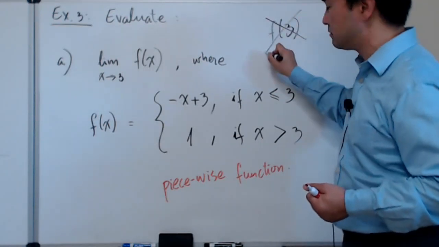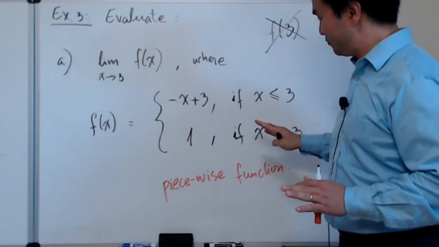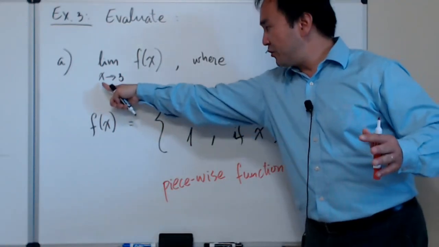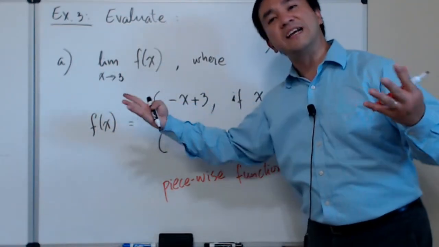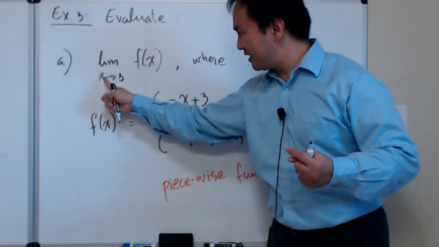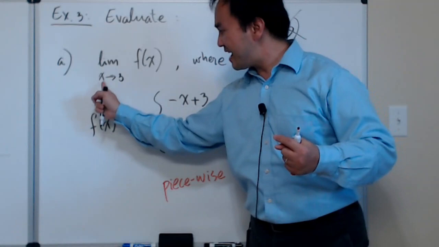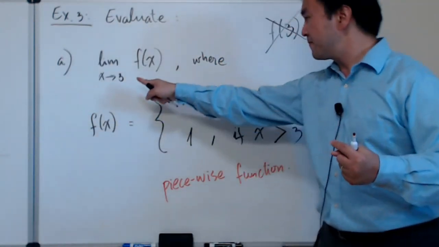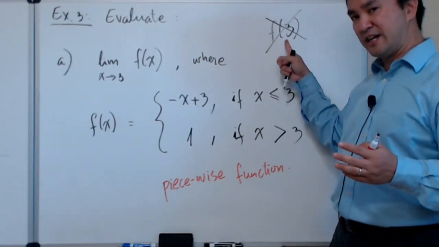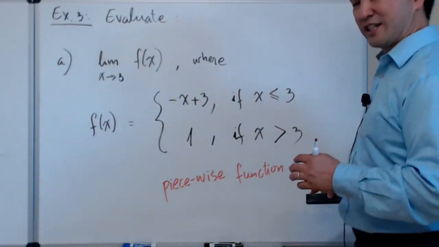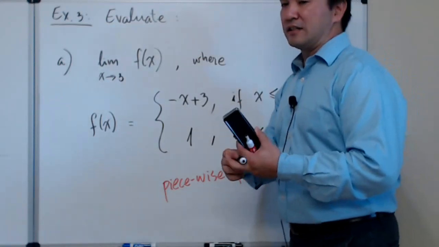We're not plugging in x equals 3 because x equals 3 is a limit point, and we're doing calculus work. When we're doing a limits problem, we're looking at x getting close to 3, but we're not going to directly plug 3 into our function. So once again, take that off your list of works here. Now, let me get back on the other table.